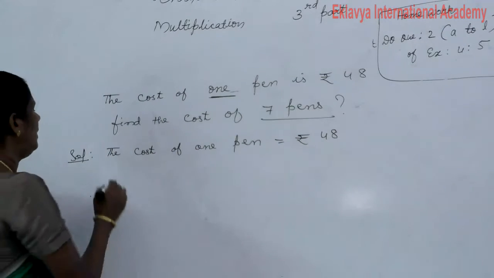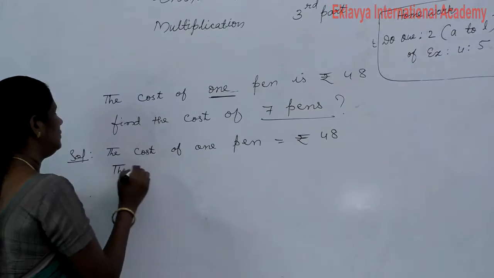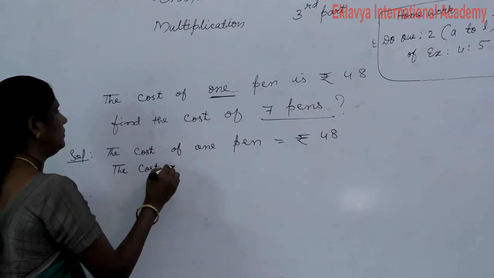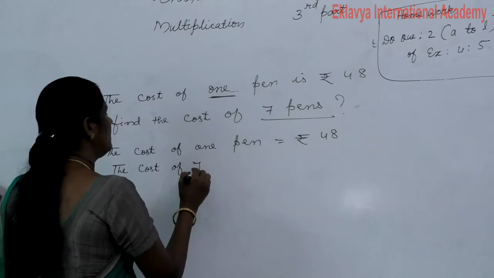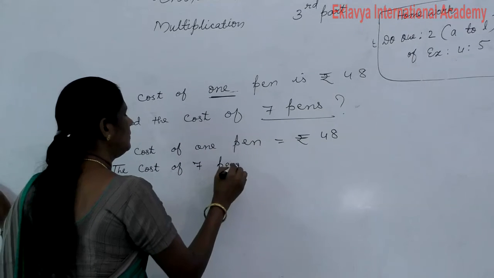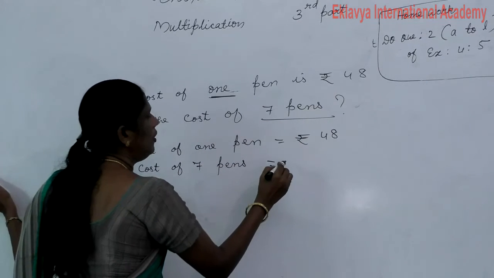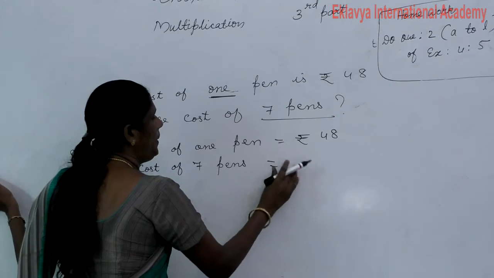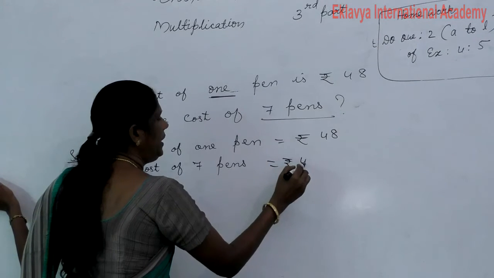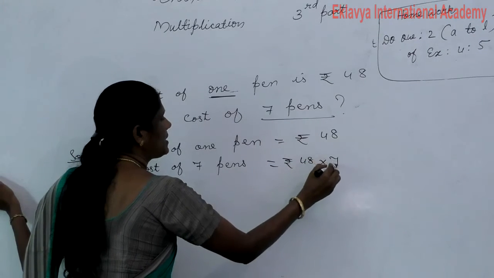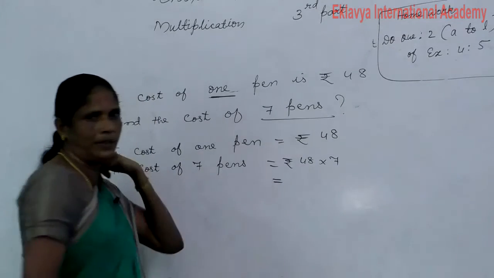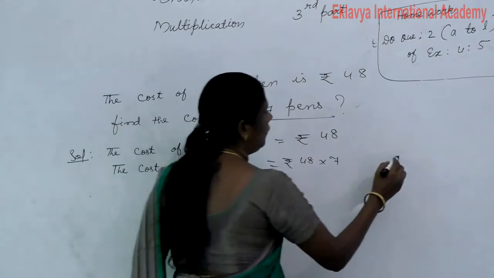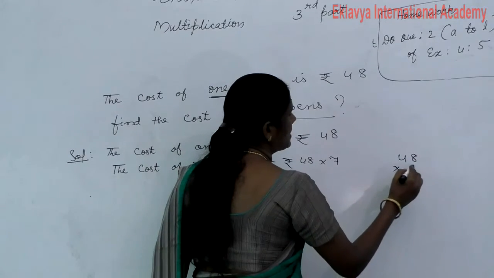Second line, the cost of how many pens? 7 pens is equal to 48 rupees multiply 7. Then you multiply this. 48 multiply 7.